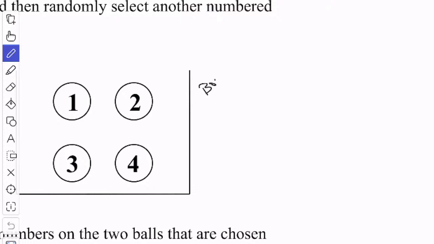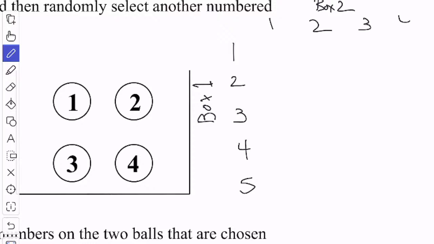So we could have box one, the outcomes are 1, 2, 3, 4, and 5. And box 2, 1, 2, 3, or 4.